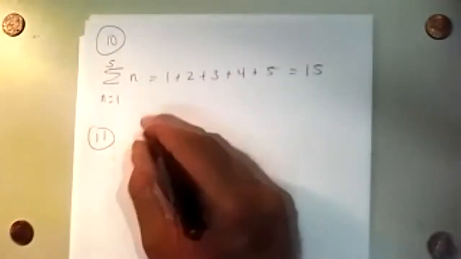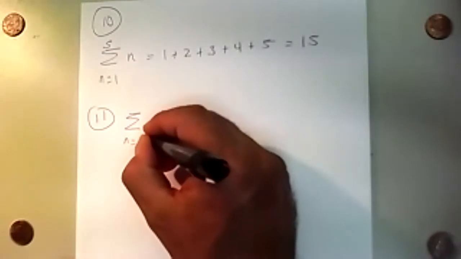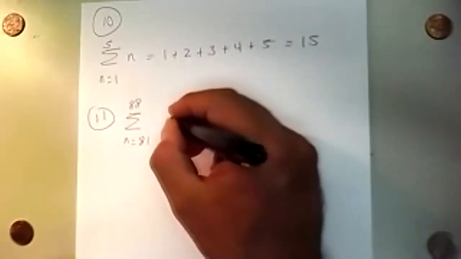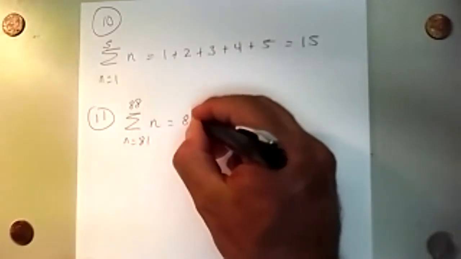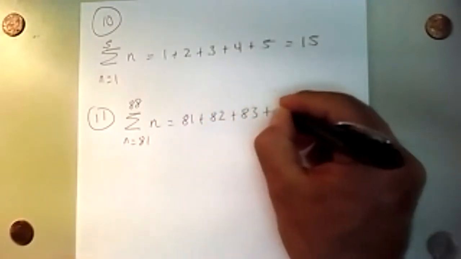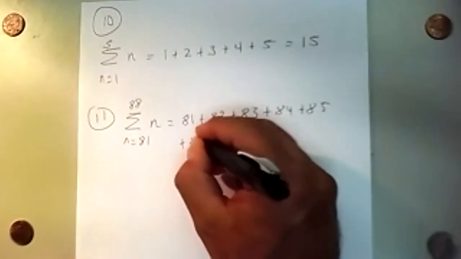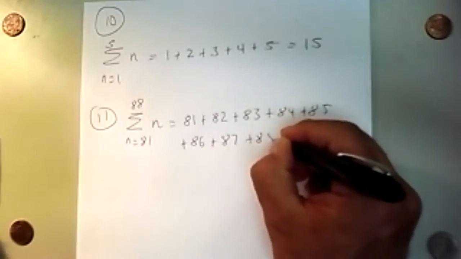Example 11. What if we have the sum from n equals 81 to 88 of n? Well, that's not a problem. It is 81 plus 82 plus 83 plus 84 plus 85 plus 86 plus 87 plus 88.